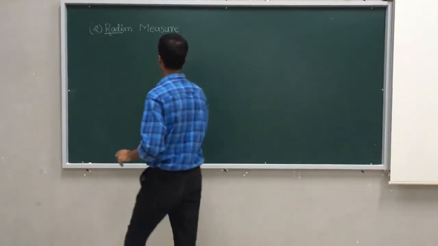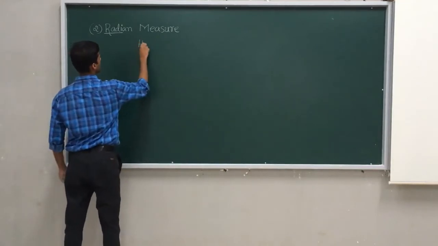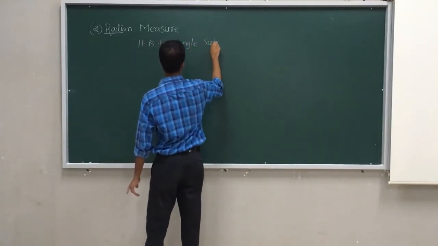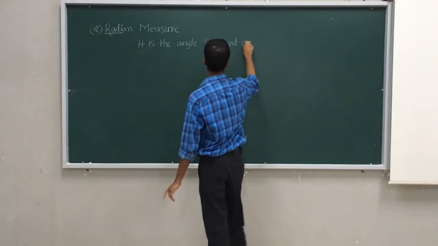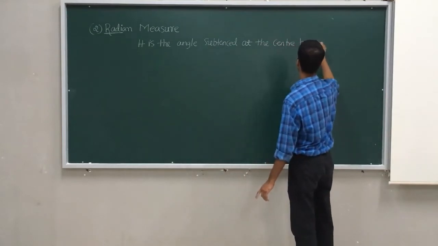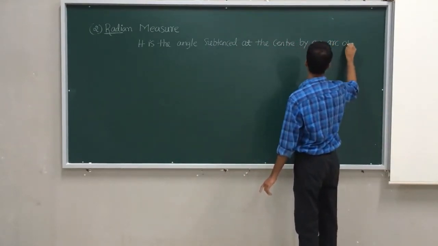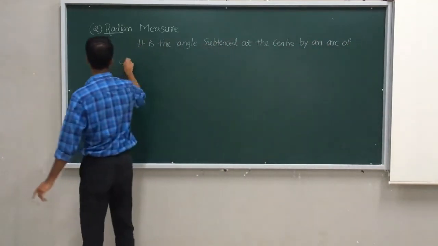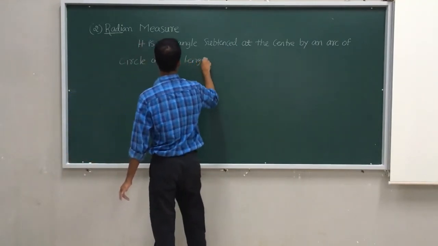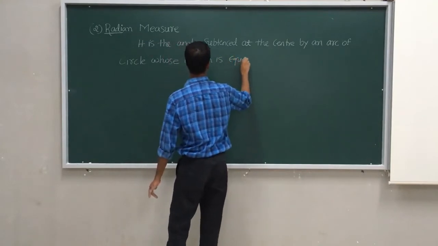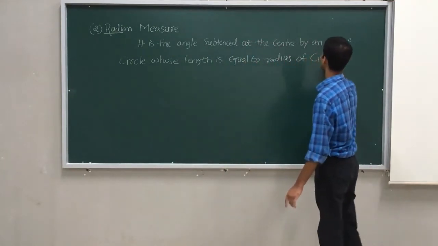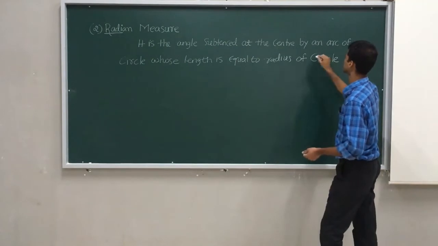Now I will ask you, radian method: it is the angle subtended at the center by an arc of a circle whose length is equal to the radius of the circle.